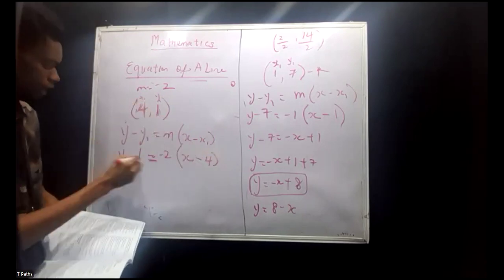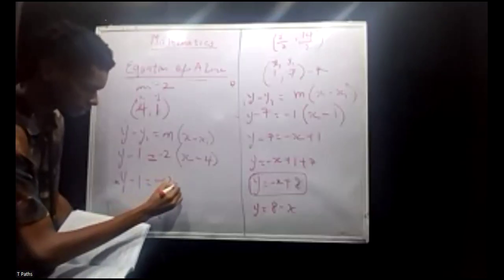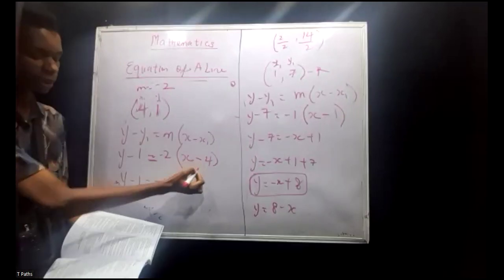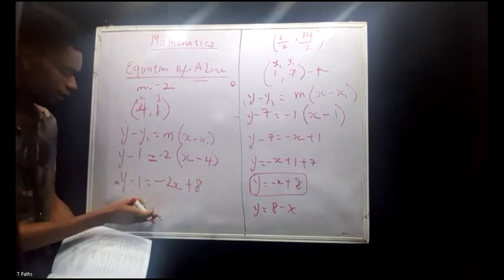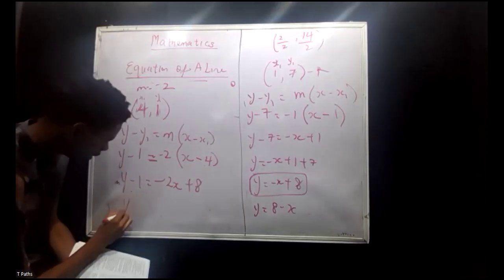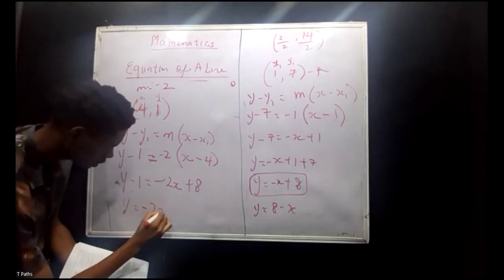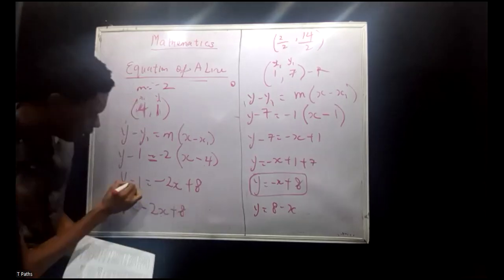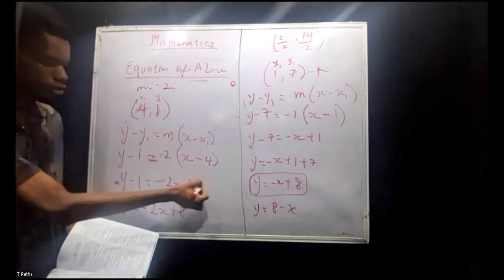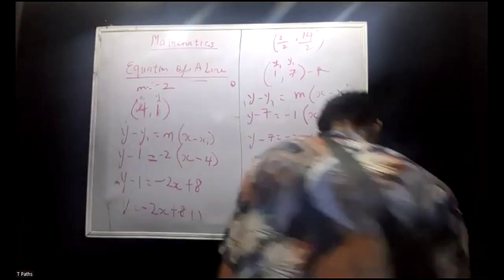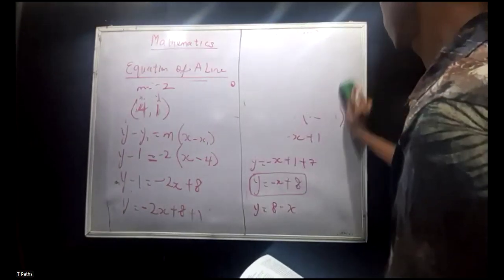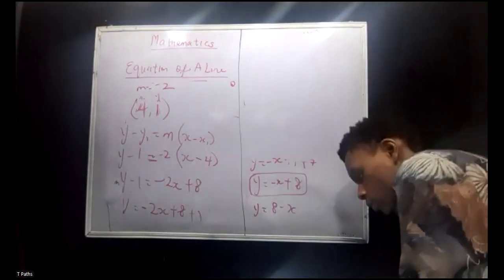Y minus 1 is equal to, if I open this bracket, I'll have minus 2x, minus 2 multiplied by minus 4 becomes plus 8. So here I can collect the like terms. Negative 1 is moving from this side to the right hand side, so this becomes plus 1. So if I sum this up, I'll have y is equal to minus 2x plus 9.